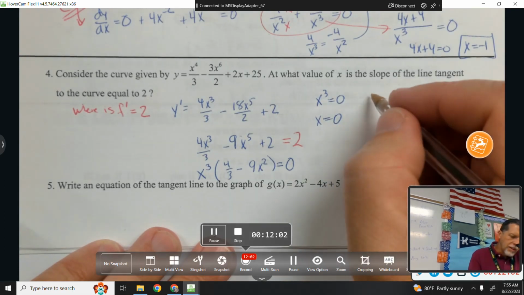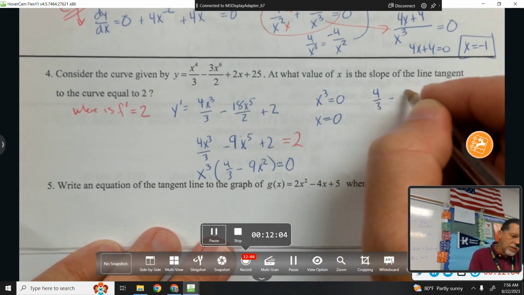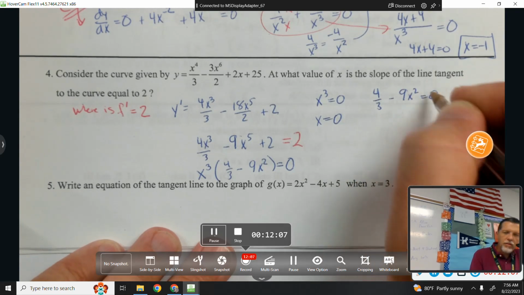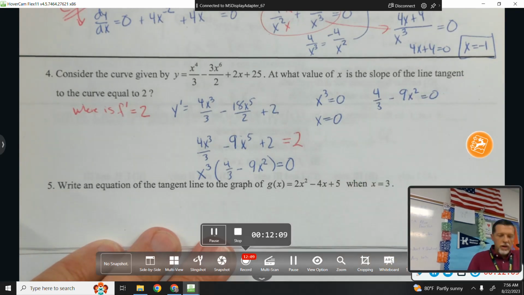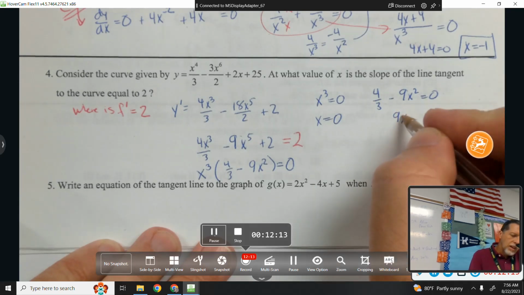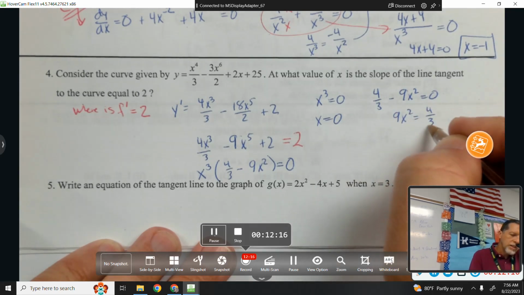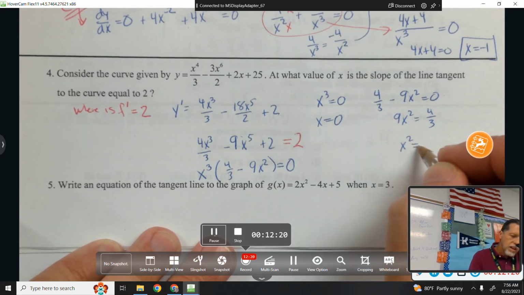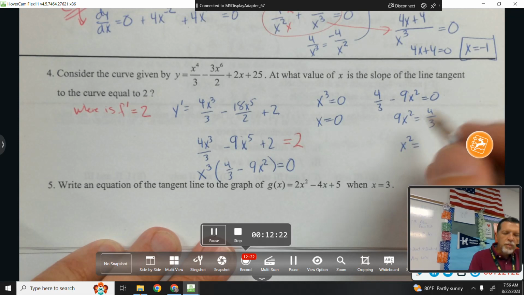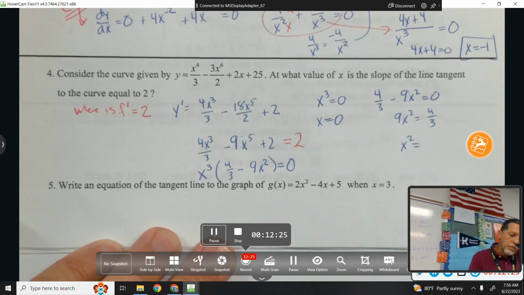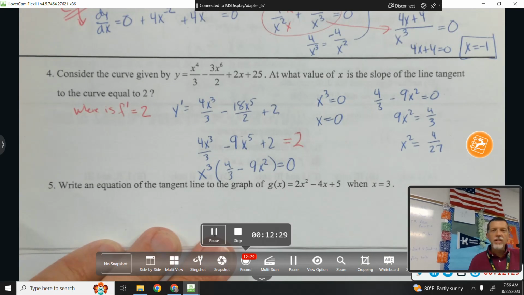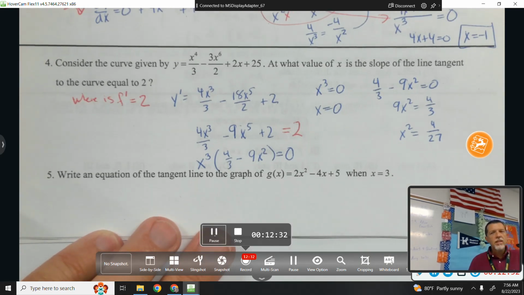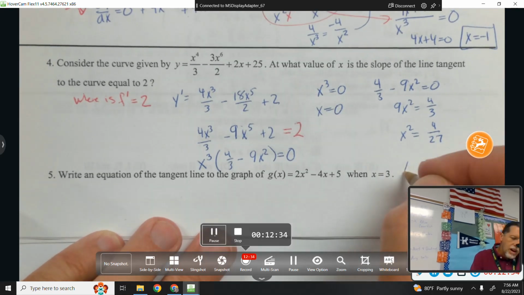The other one is going to be kind of yucky with the negatives and the squareds and the fractions. But let's see. I got to move the 9x squared over, multiply by 9. Divide by 9 to get x squared by itself, and then square root both sides.